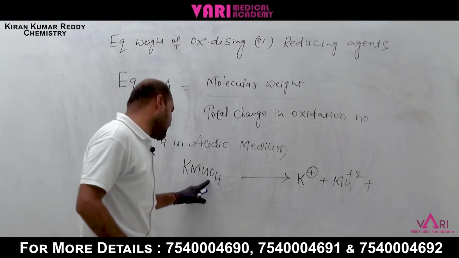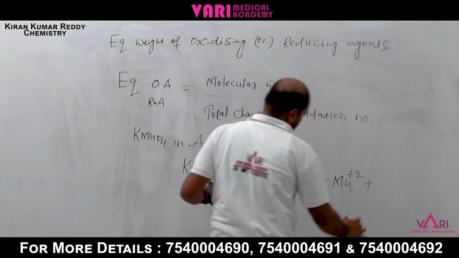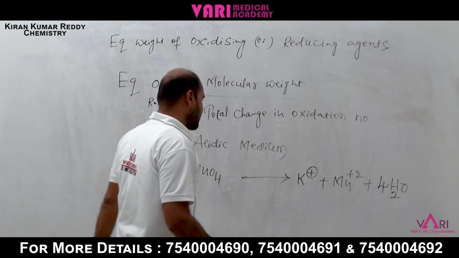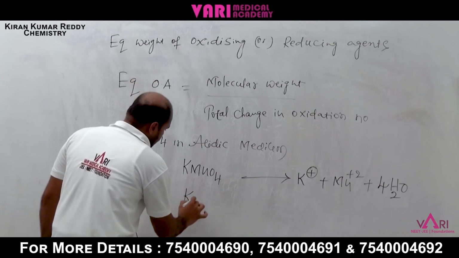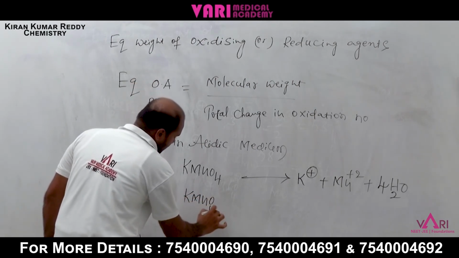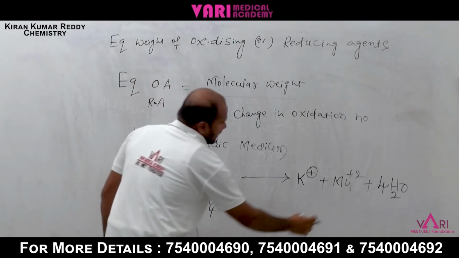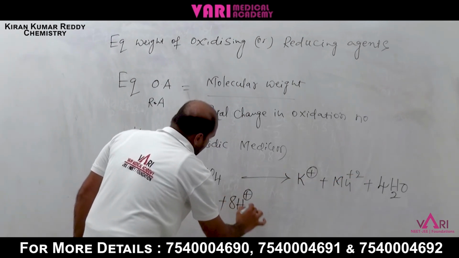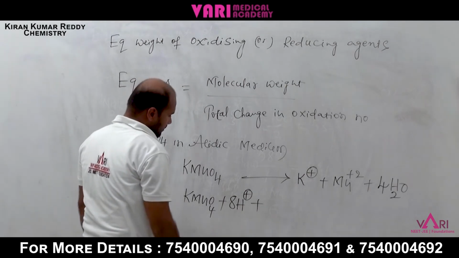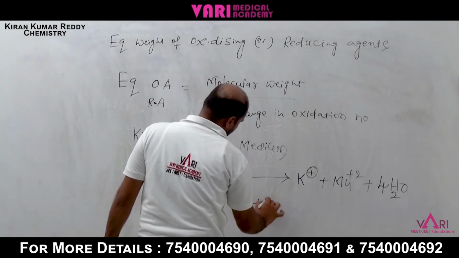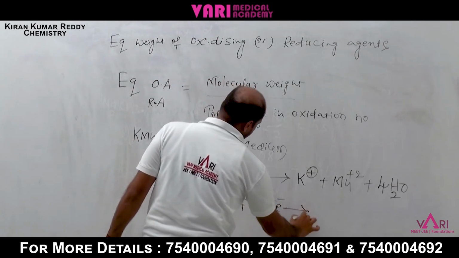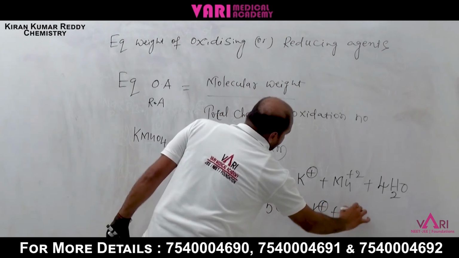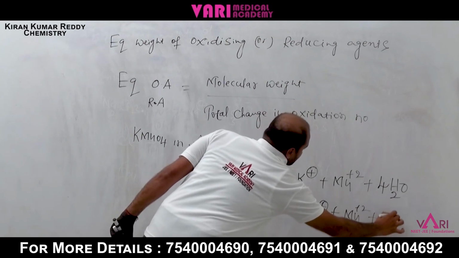How many oxygens are present here? 4, so 4 H2O. We can write MnO4- plus 8 H+, since 4 H2O means 8 H+. How many electrons are added? 5 electrons, that gives K+, Mn2+ and 4 H2O.